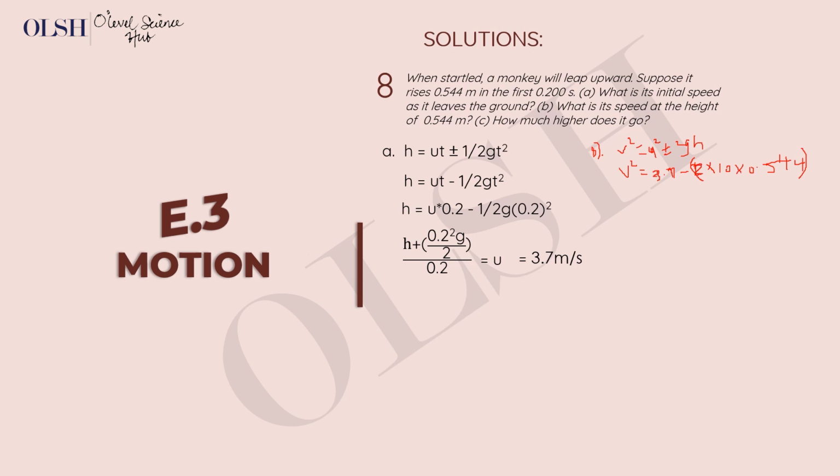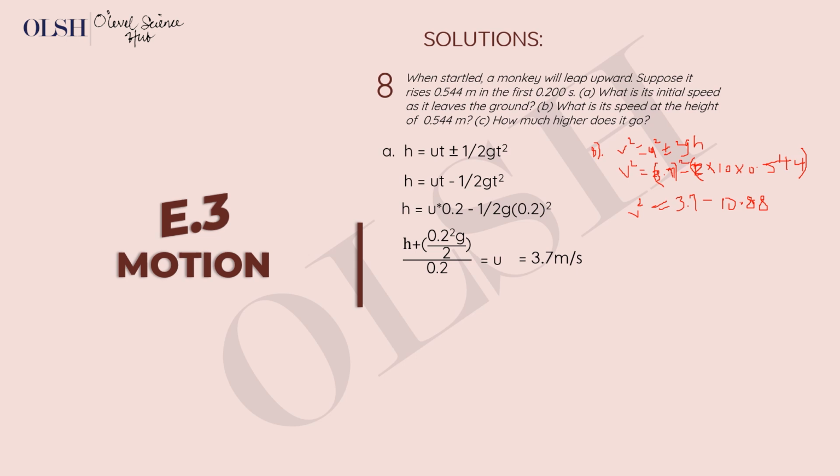If we simplify this, we're going to have v squared equals 3.7, minus 10.88. Oh, we forgot to square our 3.7. 3.7 is squared.